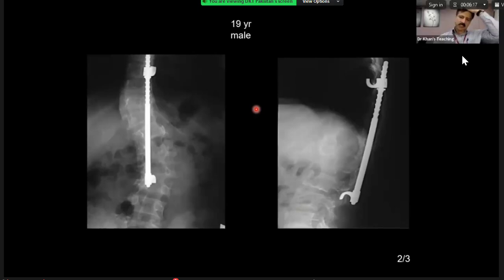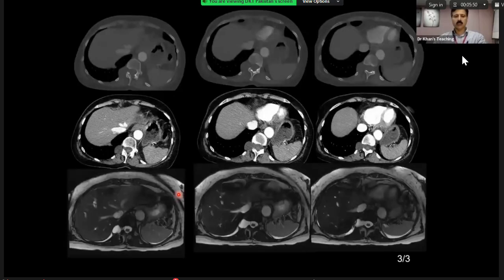Okay, so this we have done in our MSK module, and the idea was to revise it. This is posterior scalloping of vertebral bodies. With this scalloping, there is also scoliosis, and both of these things go together. Posterior scalloping is usually due to dural ectasia. You are absolutely right that there might be some tumor also sitting with it.